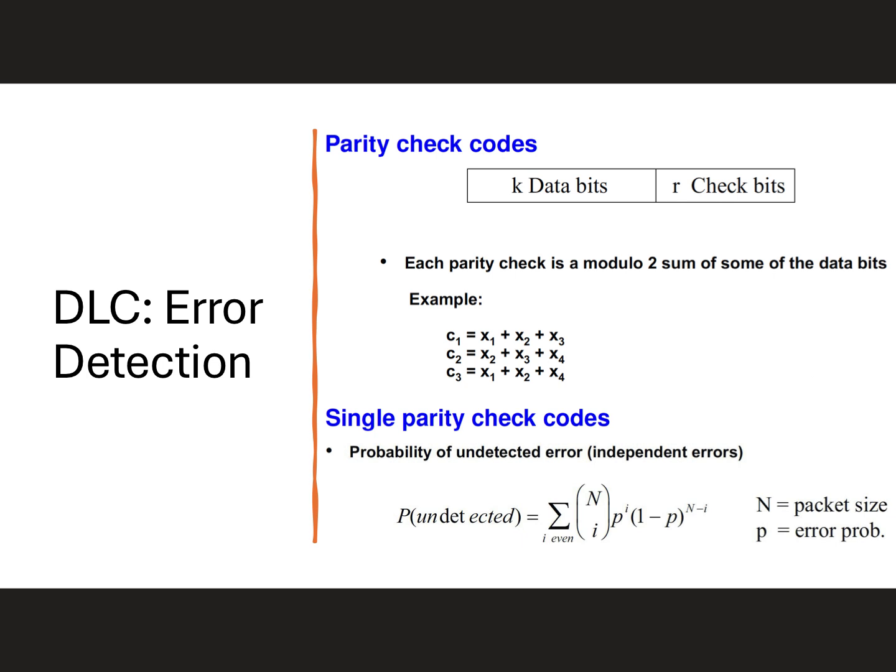Parity check method, so you have K data bits, you have R check bits. Your code efficiency is K divided by K plus R, right? So that's actually the overall packet. And then this is the information part. This is an overhead part. As we said, overhead can be of many types, right?